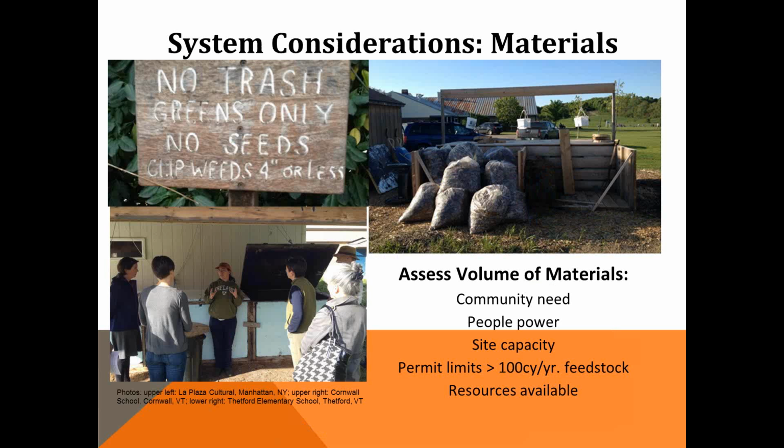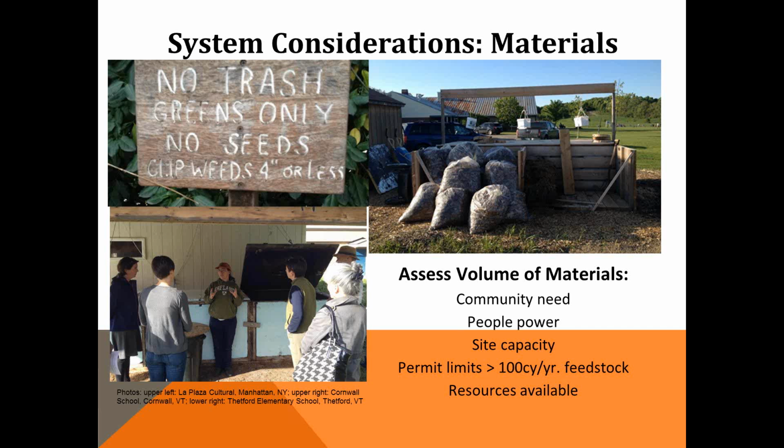So again, you want to assess the volume of your materials, your community, how many participants you have. We really urge you to start small. Start with your local community, your participants, your gardeners, your community people using your compost. And then you can always grow from there.